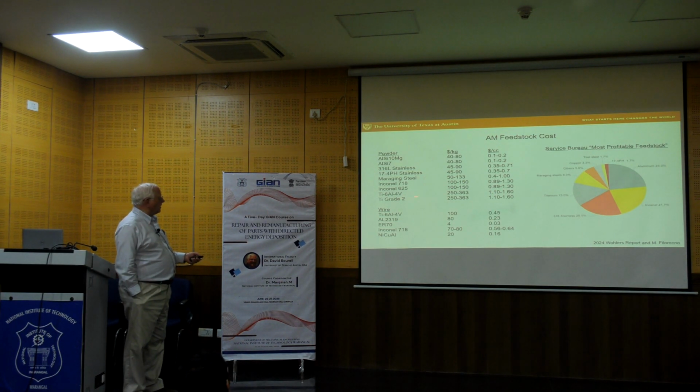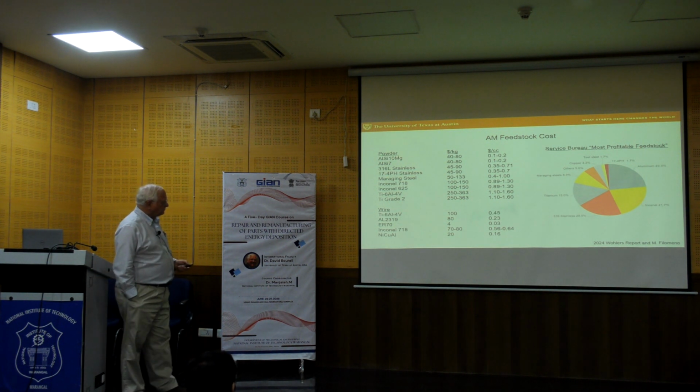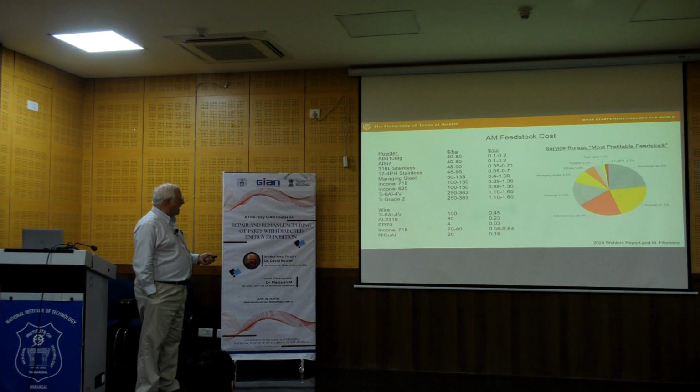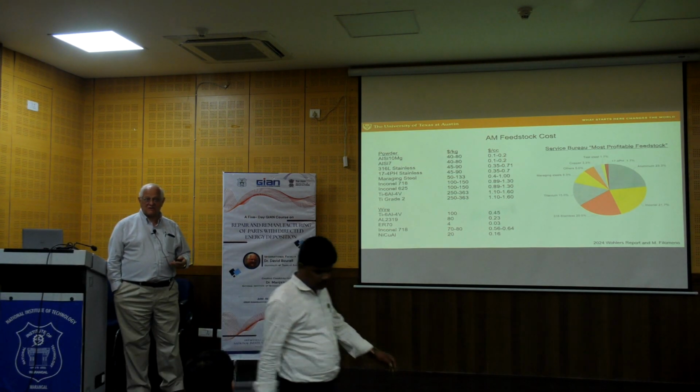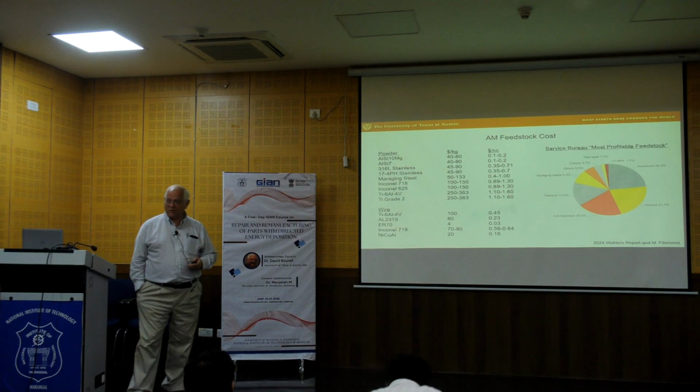The titanium alloys, as we see, are pretty expensive. Inconel's cheaper, maraging steel's cheaper. The stainless is even cheaper, and then the aluminums are pretty cheap as well. And I think this is for powder. For wire, one of the advantages is that it's typically cheaper on a per kilogram basis.